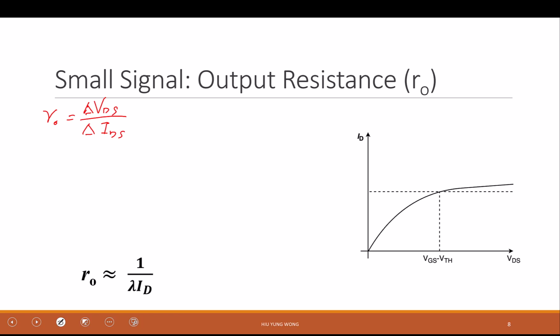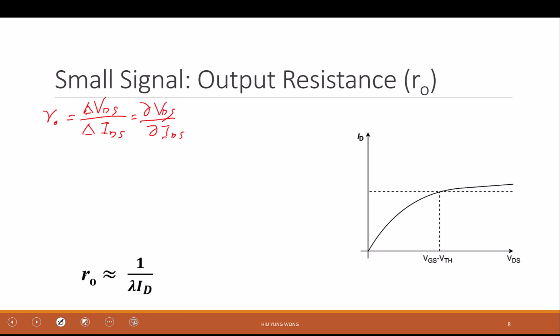But now we need to use the equation, right? Again, this is just like the GM. Like in the GM case, this delta needs to be very small. So I just use this partial VDS over partial IDS, okay?